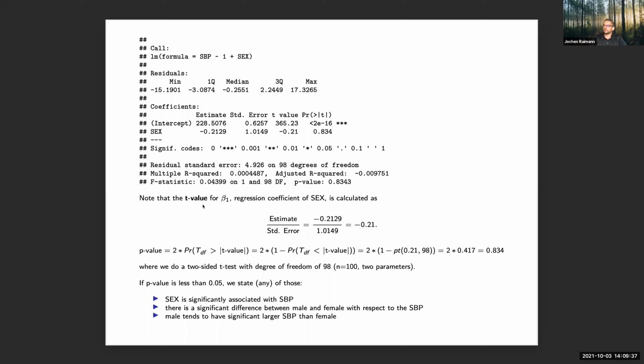So here's the t-value for beta 1. So we know that our sex estimate here is minus 0.213. Dividing this by a standard error, which we could hypothetically calculate by quantifying the standard deviation, which would be the individual entry minus the mean.